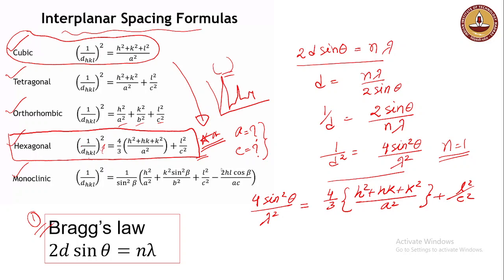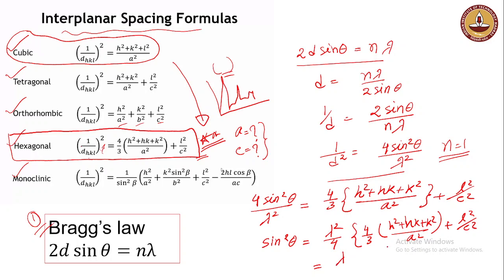Now we try to keep sine square theta on the left hand side only and take the other things to the right hand side. So lambda square will come to this side, 4 will go down, and inside we have the same thing: 4/3 (h square plus hk plus k square) by a square plus l square by c square. Now further, we can take this a square out.